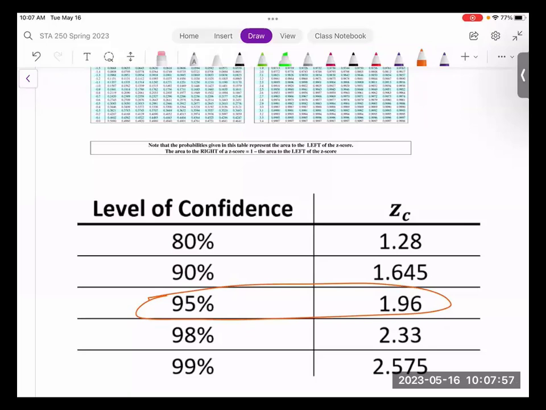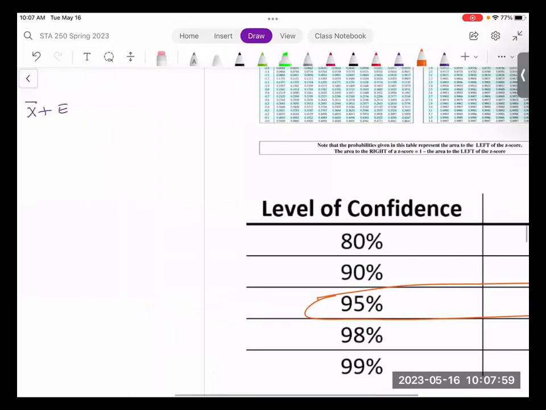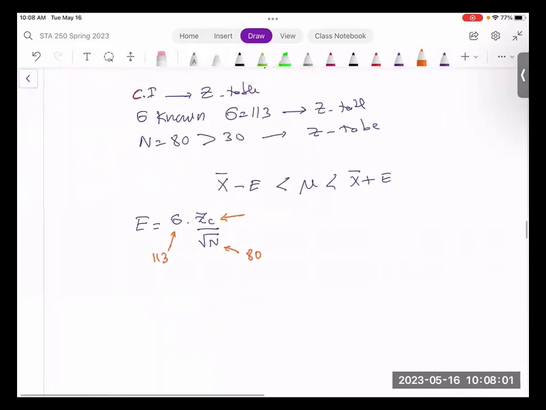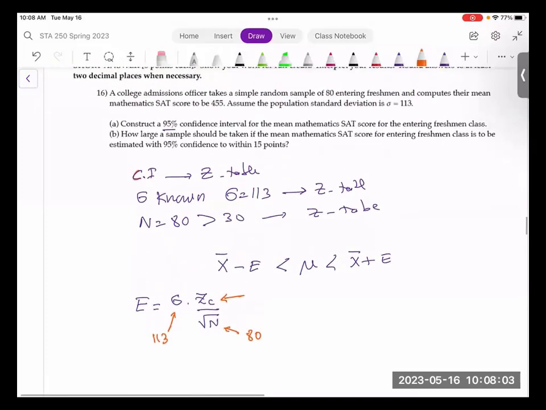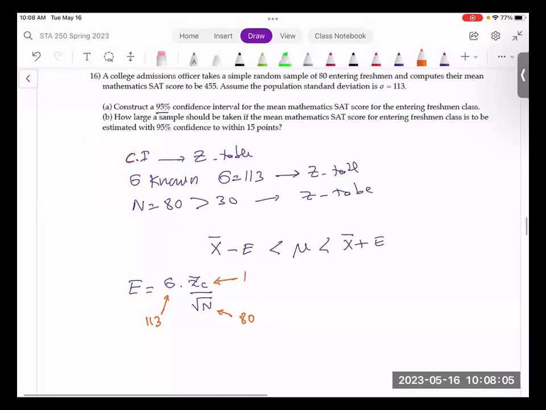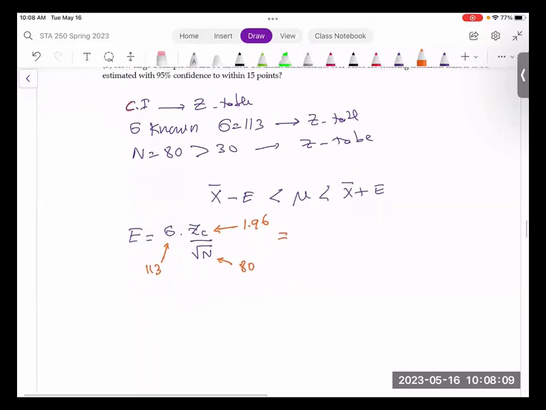It's already made for you. So you just calculate it here. 113 times 1.96 divided by radical 80, whatever the value is going to be, right?